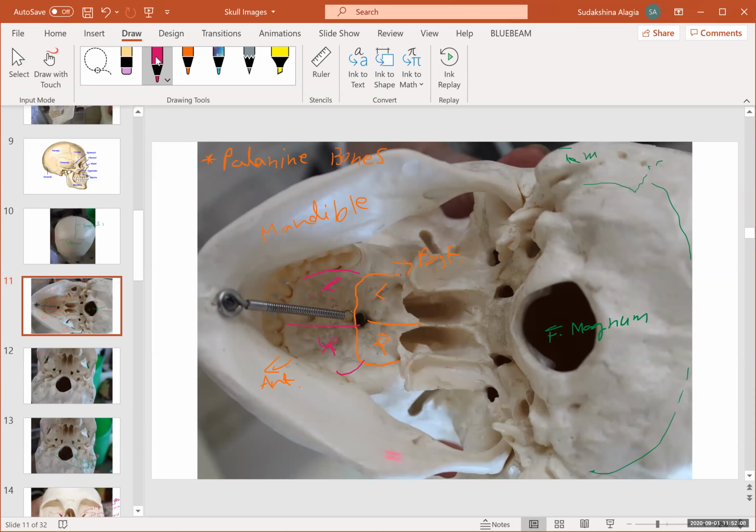So these are what are referred to as the palatine process of the maxillary bone, or processes, if you are referring to both. Got that?